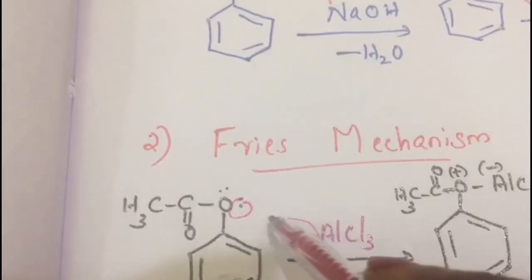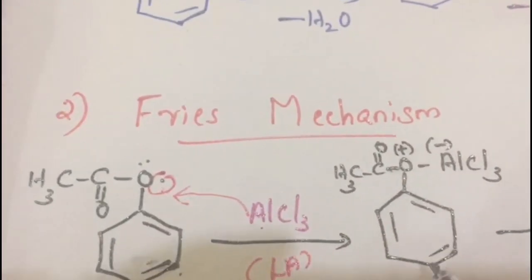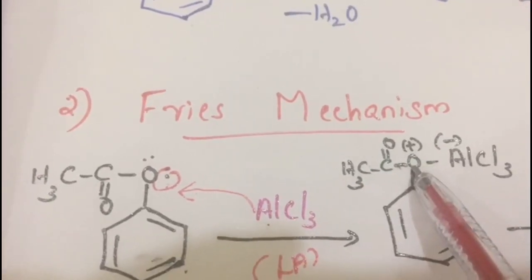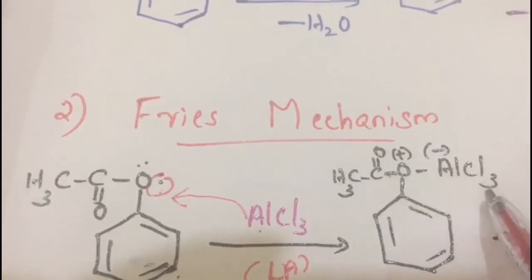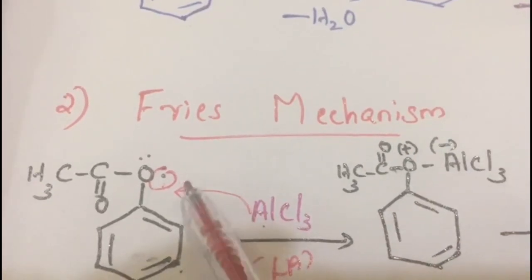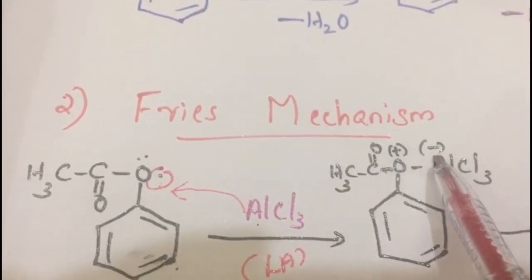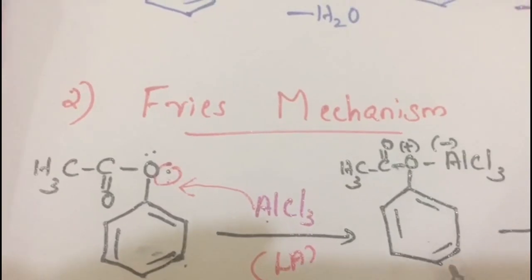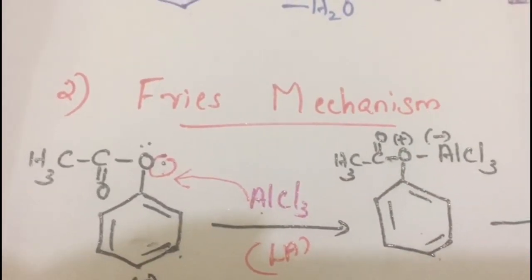The product is C6H5 O plus COCH3 and AlCl3 minus, because the oxygen loses its lone pair and AlCl3 gets this electron for bonding, so the negative charge occurs on aluminium chloride.